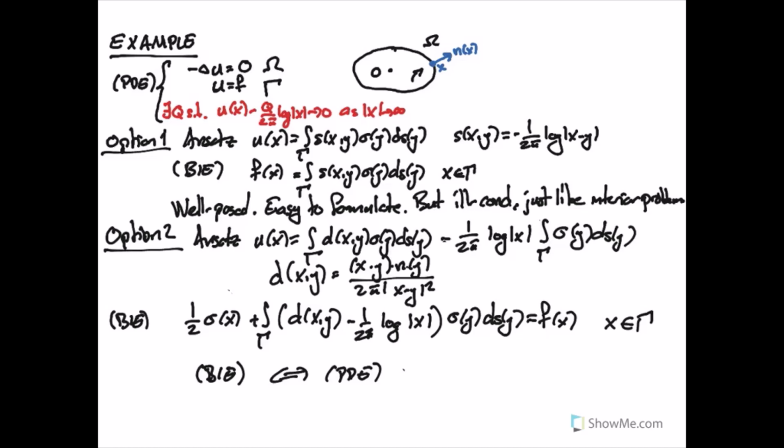So let us summarize. What are the advantages here? What's the purpose? So, advantages of the BIE. We have the reduction in dimension: a 1D domain instead of 2D. We have a second-kind Fredholm equation.